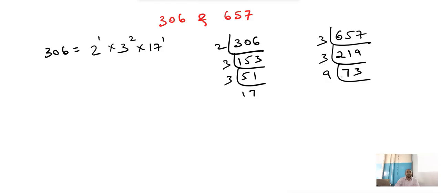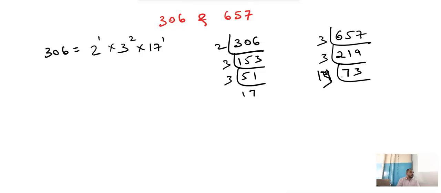In the 9 table, 73? No. Then 11? No. Then 13? 13 4s are, 13 5s are, 13 6s are. Check. 13 6s are how much? 78.